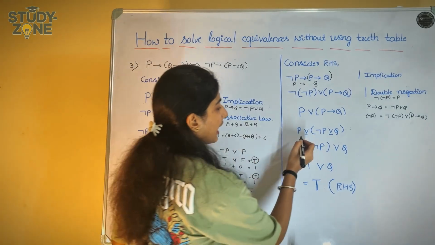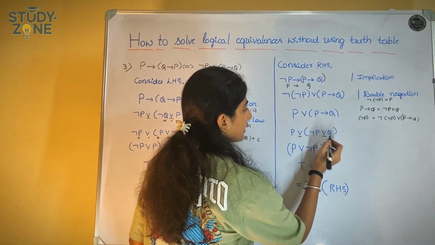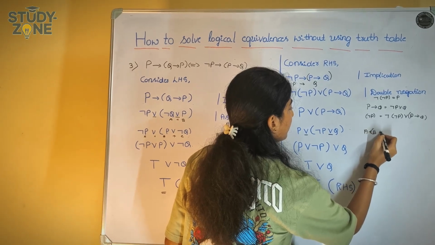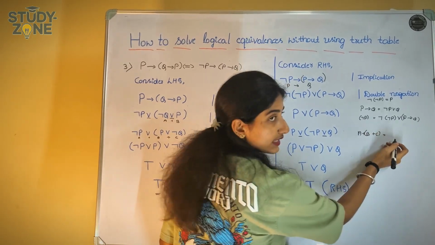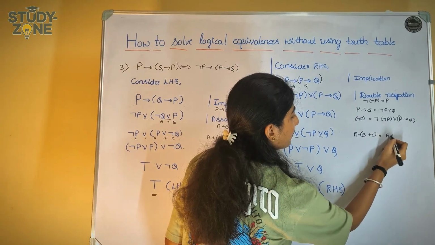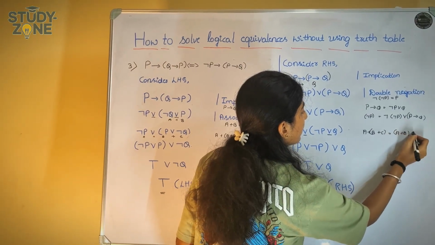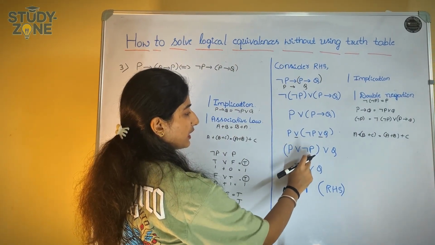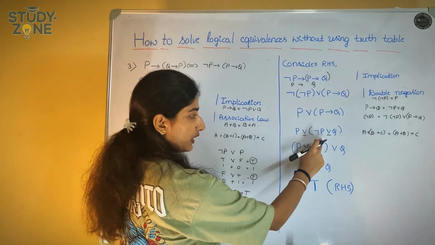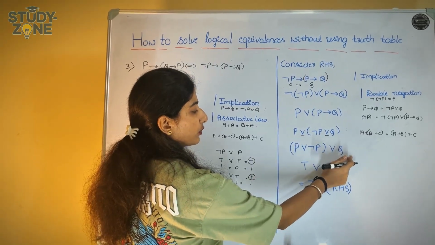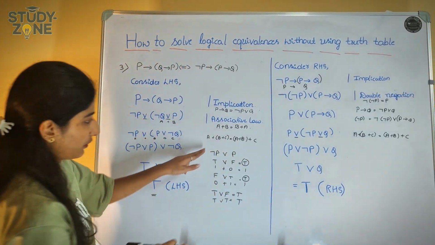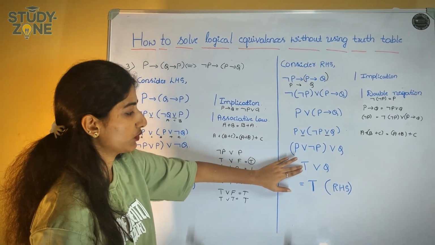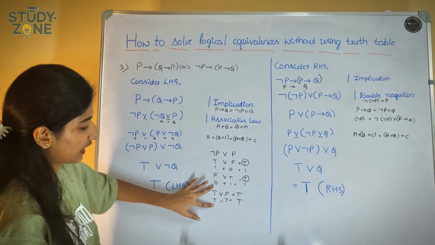Now look at this, we have the same symbol, which means A plus B plus C can be rewritten as A plus B plus C. So A plus B, that is P or not P, or Q. As we simplified here, the same thing, if we do like that, it will be true or Q. It is also the same as this.